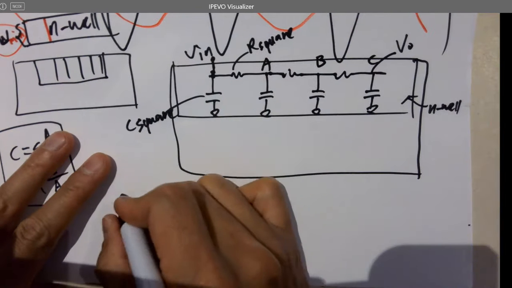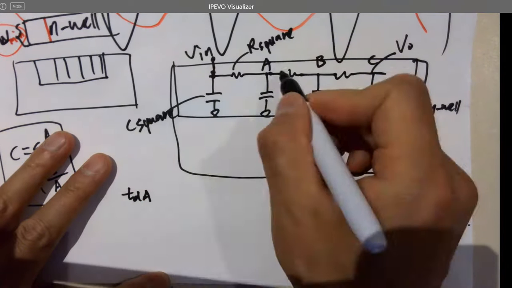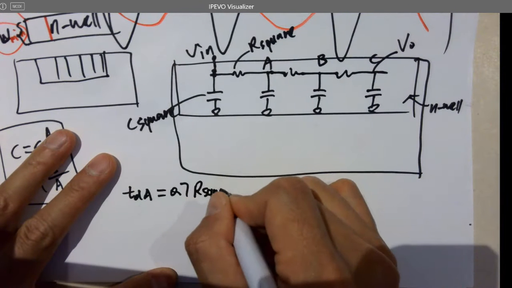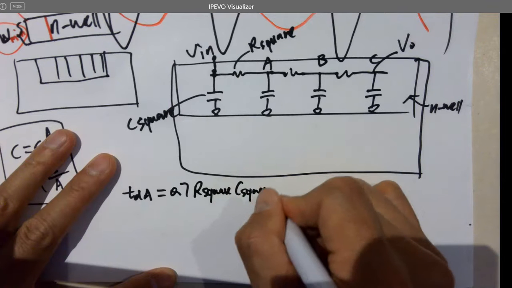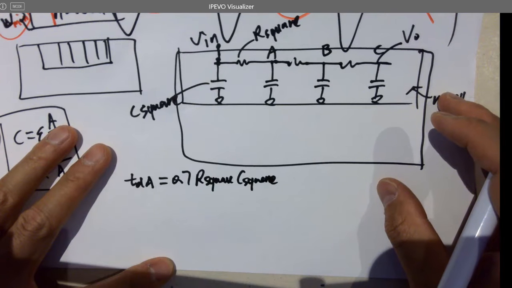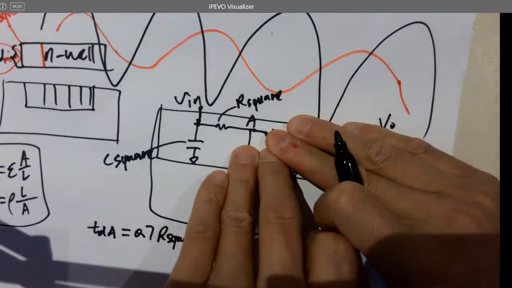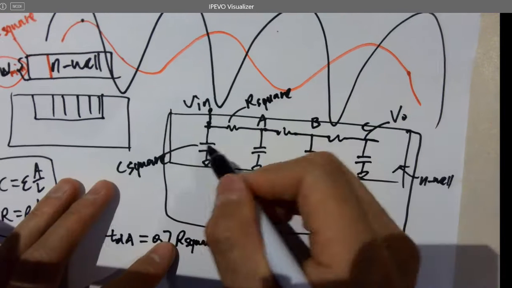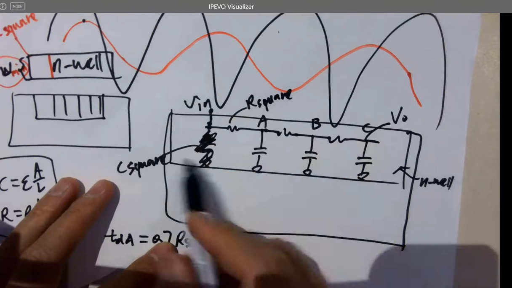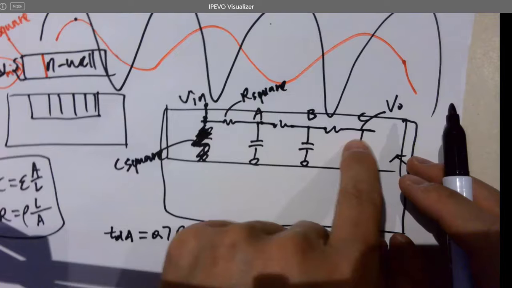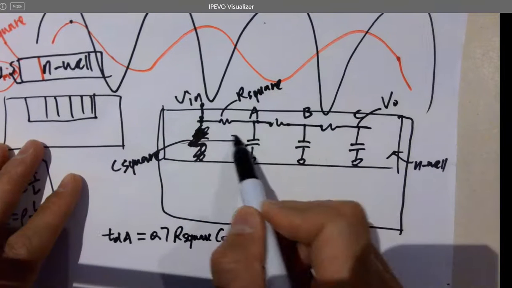And so the time delay from here to point A is calculated as 0.7 R squared C squared. You just don't look at all the following circuits, right? Which makes sense. We're not modeling this one actually. So start from 3 resistors, 3 caps, right? That makes sense. You have 3 squares in total in this case. So that's a C square.